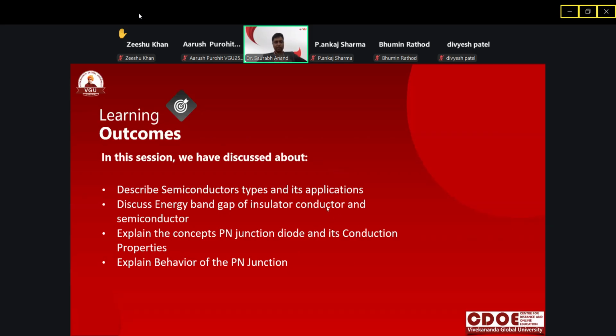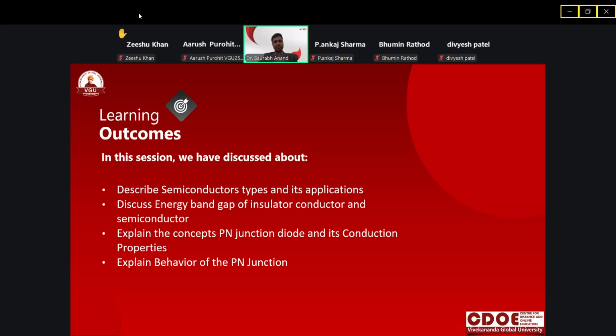Yes, Jishu. What are you asking? Okay, PN junction. What does junction mean? Suppose Bhopal junction, Jaipur junction. Some stations are only a station, but some have a junction.